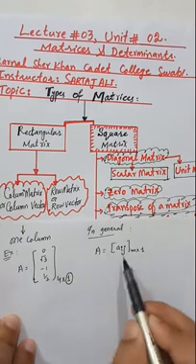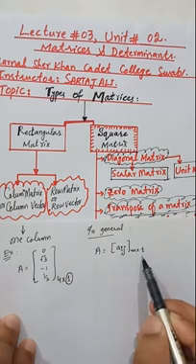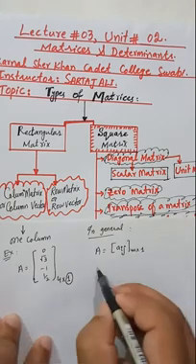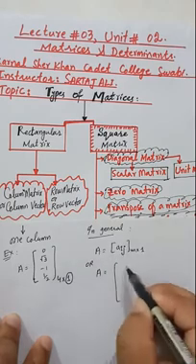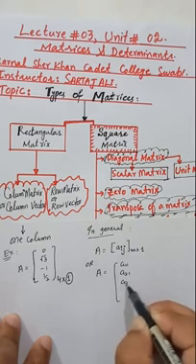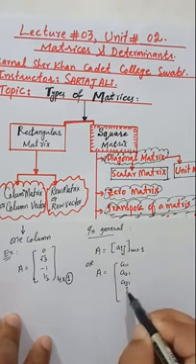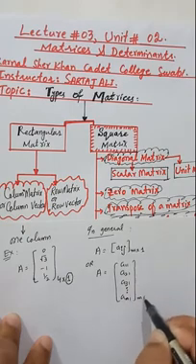So this is a matrix in which there are m rows and just 1 column, or in general form, you can write a11, a21, a31, and so on up to am1. So this is a matrix of order m by 1.